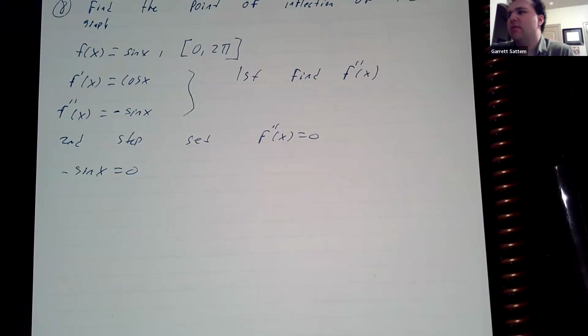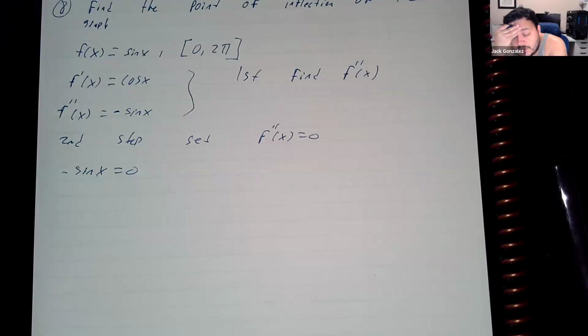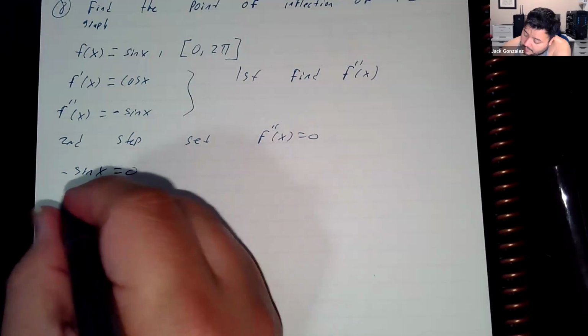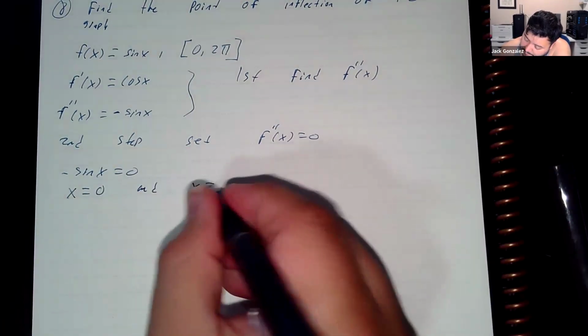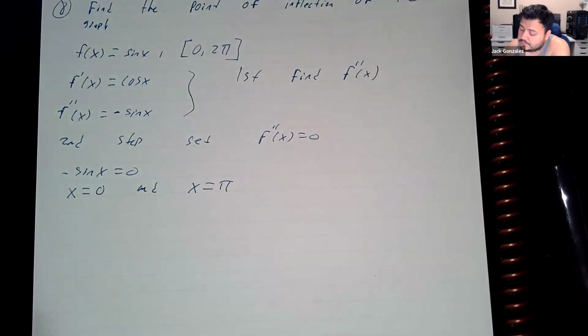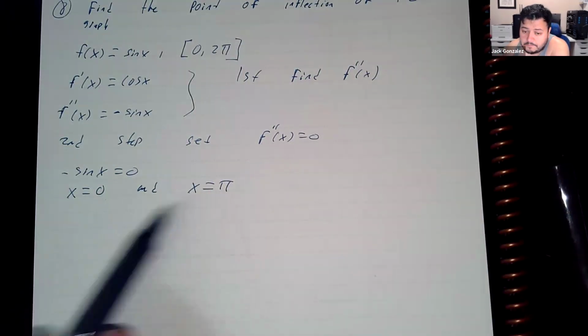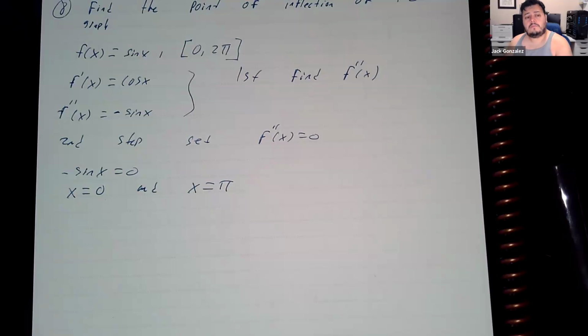No, I'm thinking about cosine. It should be angles. Pi. Yeah, so the solution would be 0 and pi. If you look at your unit circle, this is where sine is 0. If you don't have it memorized, just look at your circle.